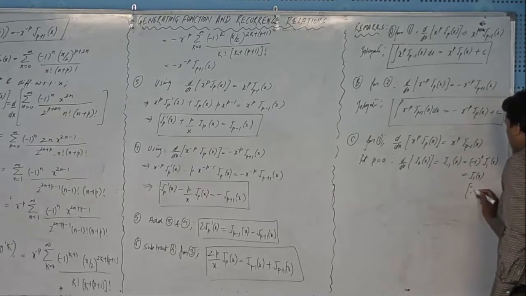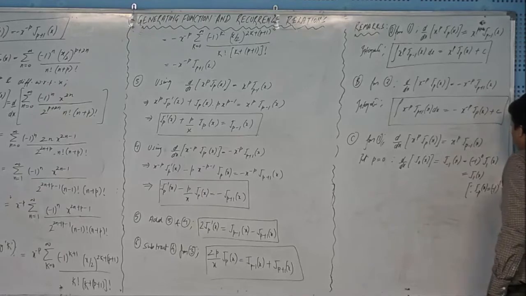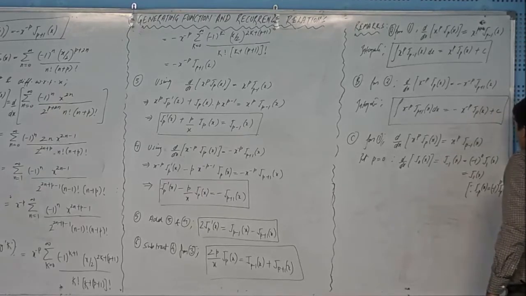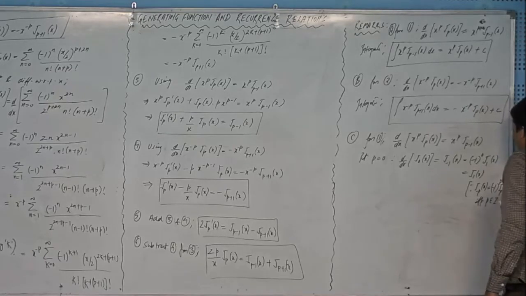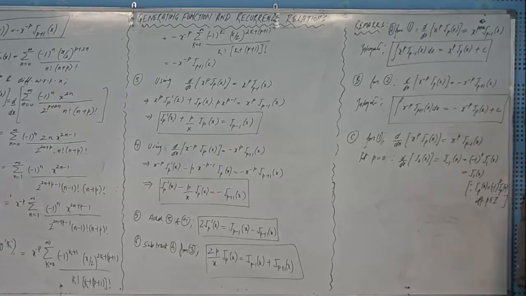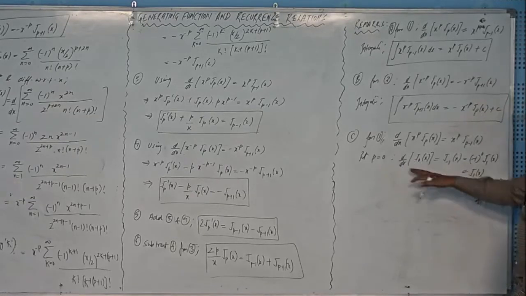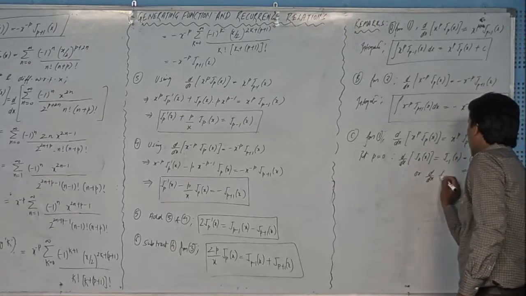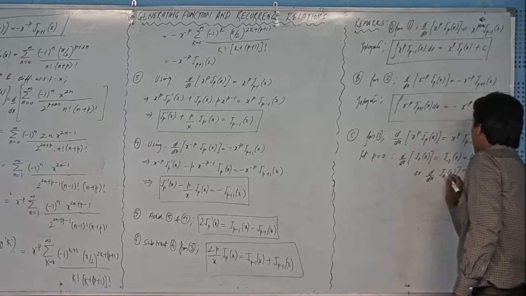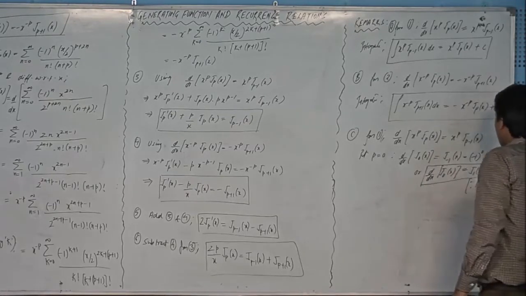I have used this relation, J_{-p}(x) equals minus 1 to the power p J_p(x), if and only if p is an integer, right? So for p equal to 0, the differentiation of J_0(x) is equal to J_1(x), right? It's kind of a new result, right?